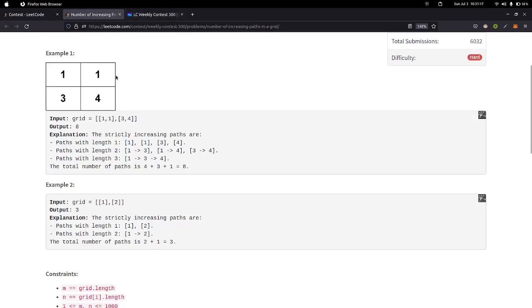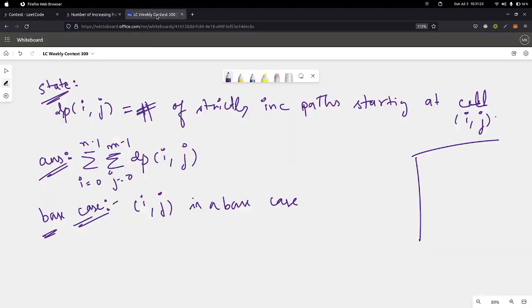In that case, all 4 adjacent cells should have values lesser than 4. That's true here, so 4 is a base case, right? Since this is a counting problem, usually in counting problems with DP, we'll return 1 in the base case.